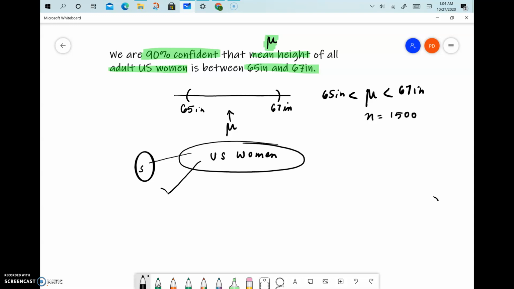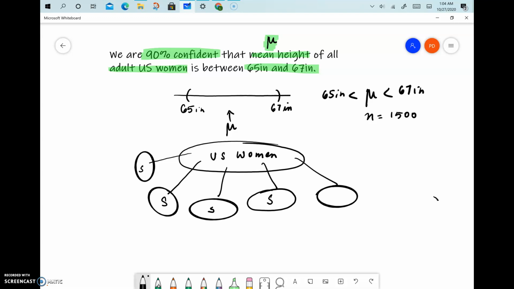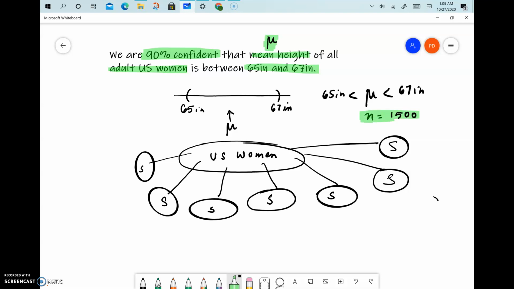I take another random sample of 1500, and another random sample of 1500. And you can imagine, I can take many, many, many such samples from the population. Each sample is of fixed size n equals 1500.